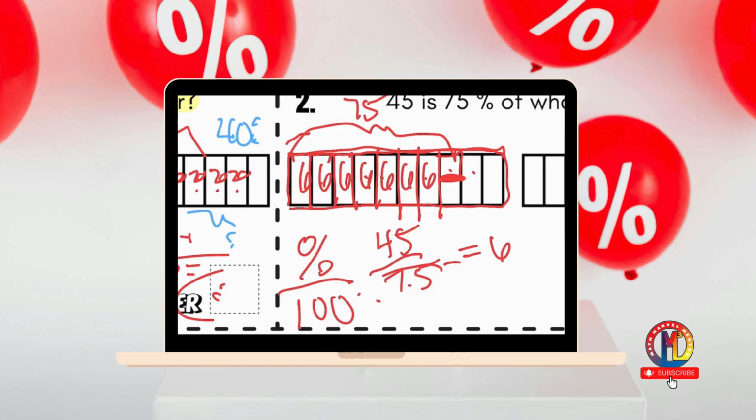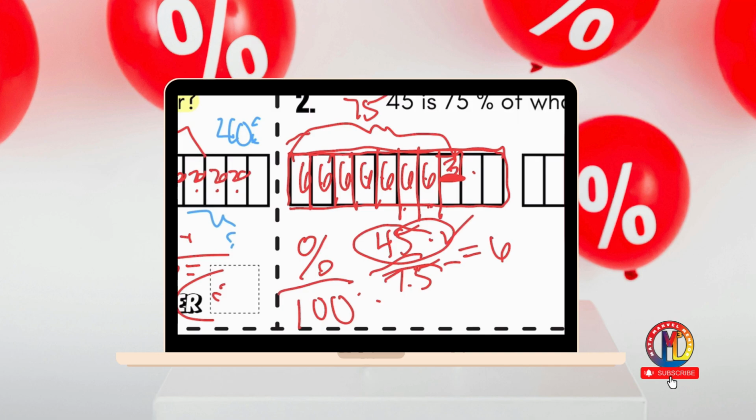And if I check my work, it should equal 45. So 6 plus 6 plus 6, oh, I could just do multiplication instead of repeatedly adding all of these up. 6 times 7 is 42, and then 42 plus 3 gets me to 45. So I was right, 45.